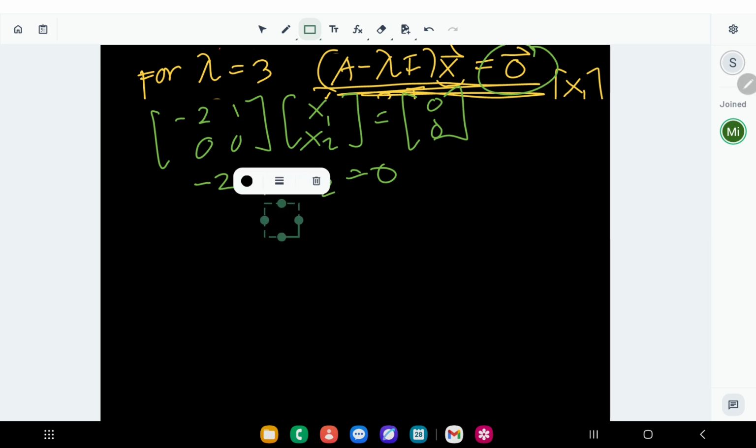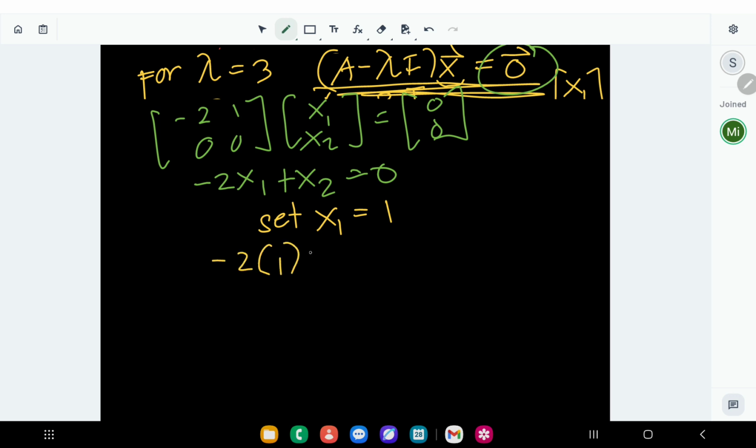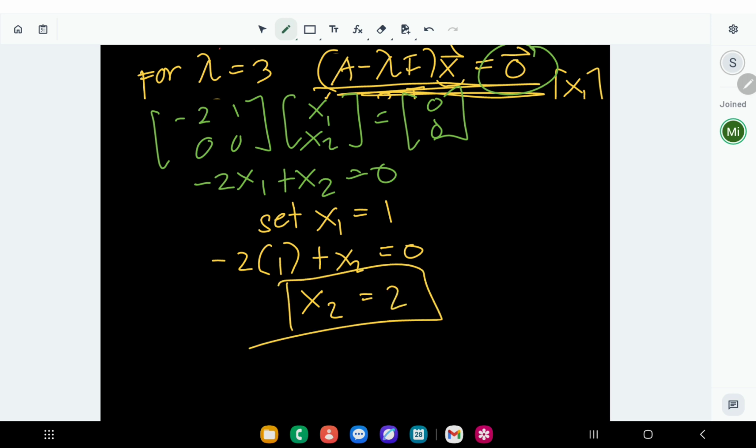So we can set x sub 1 equals 1. Then this would become -2 times 1 plus x sub 2 equals 0. So x sub 2 equals 2. Actually, you can use any multiple.